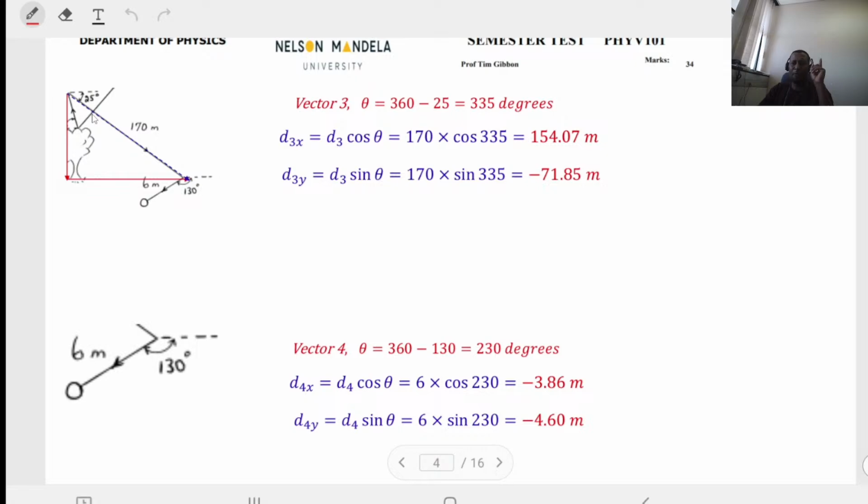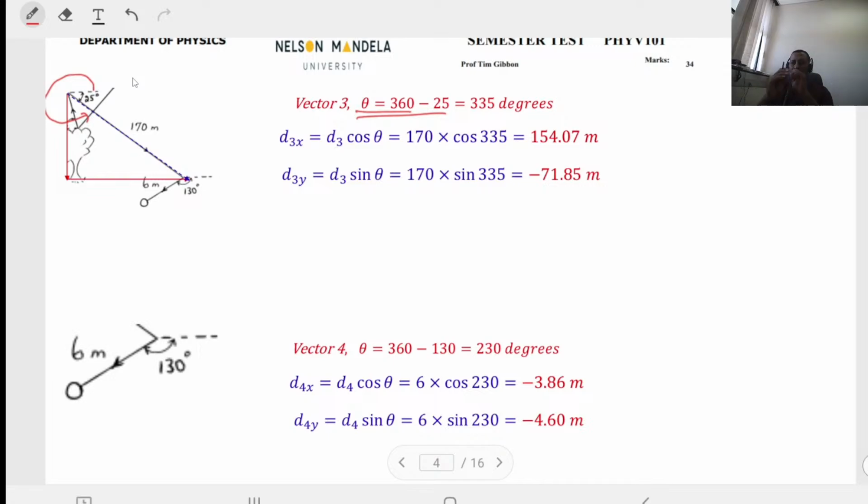I must be careful now. What is my angle? It goes from that point all the way there, so it's almost 360 degrees minus the 25. The overall angle, therefore, is 360 minus 25, which is 335 degrees.